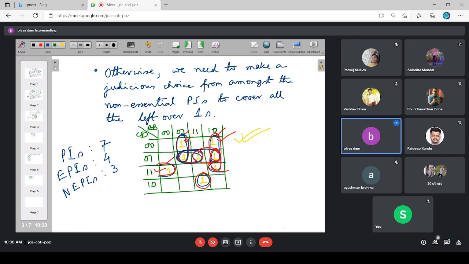Anyway, that means in the final function realization, I must include all the essential PIs. So how many essential PIs are there? 4 essential PIs.